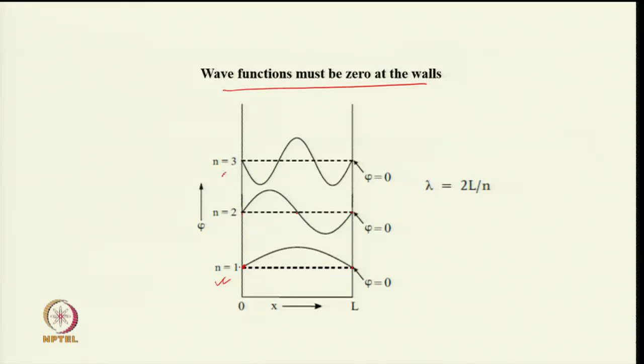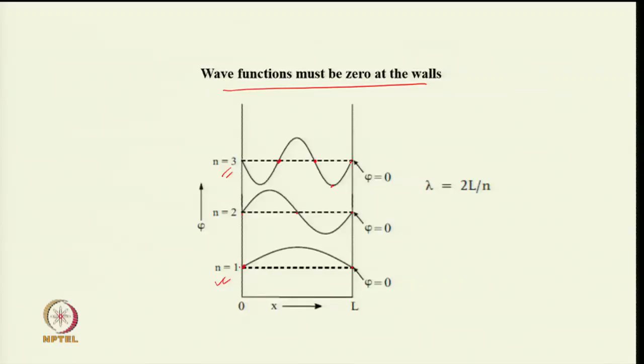Now, the third one: first it goes up, becomes 0 here, then goes down to a minimum, and then again comes back to phi equal to 0, where the amplitude becomes 0. So, these are the allowed wave functions.